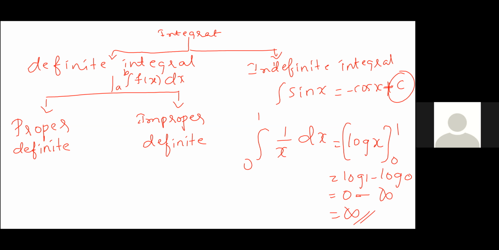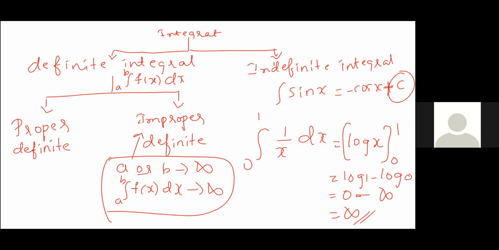So whenever the limits, either A or B, are infinite, it will become an improper definite integral. Or if the value of the integral from A to B of f of x dx is infinity, then also it will become an improper definite integral.